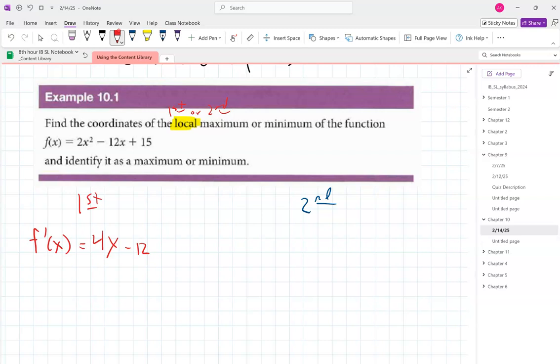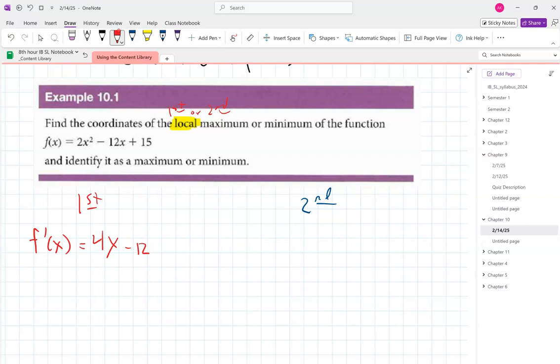So for the first derivative test, we need to check for where the first derivative changes sign from negative to positive or positive to negative. When can that happen? Two places. One of them is where it crosses the x-axis. The other could be at a discontinuity. Let's look at the function 4x minus 12. Is there any discontinuity on that?